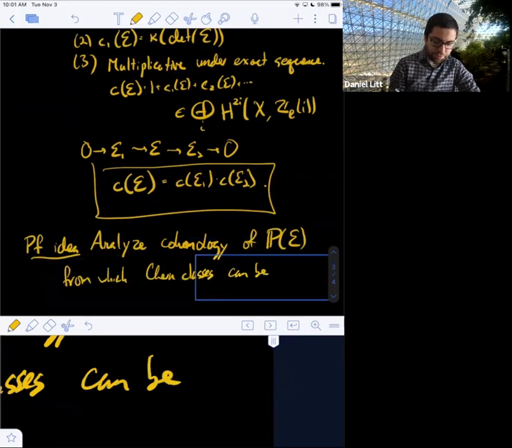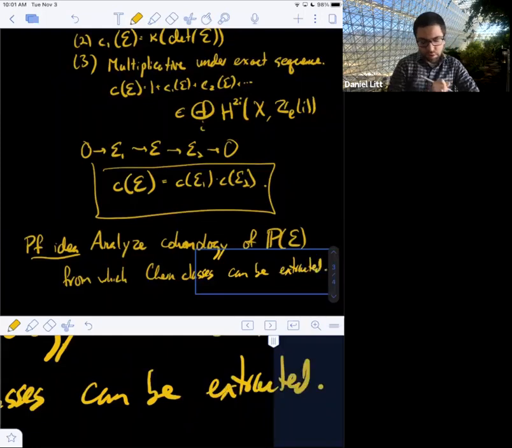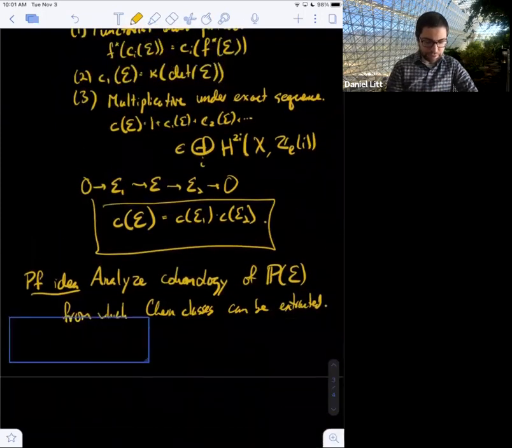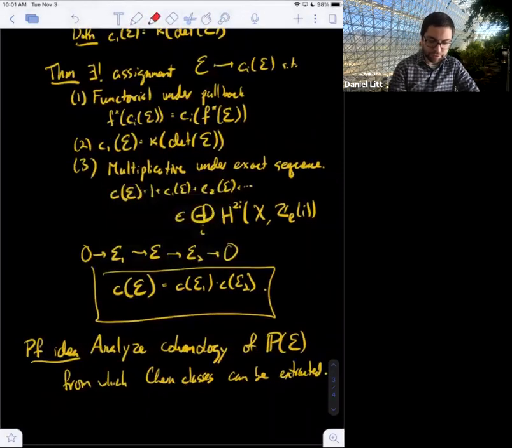Meaning from the cup product on the cohomology of the projectivization. So one uses that to make a construction of these c_i's, and then uniqueness is purely formal.